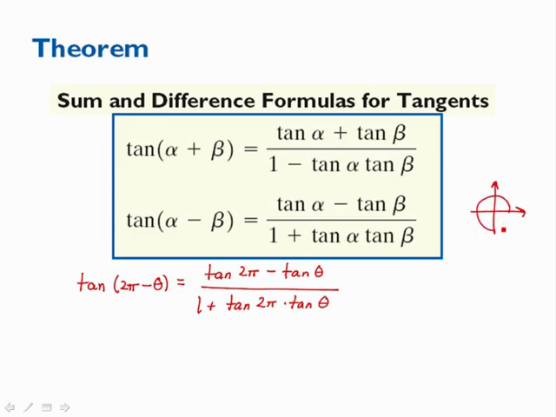And so the angle 2 pi would have a terminal side on the positive x-axis, where the y-coordinate is 0. So I have 0 minus tangent of theta over 1 plus tangent of 2 pi is 0, so I have over 1 plus 0. So this is going to equal negative tangent of theta.